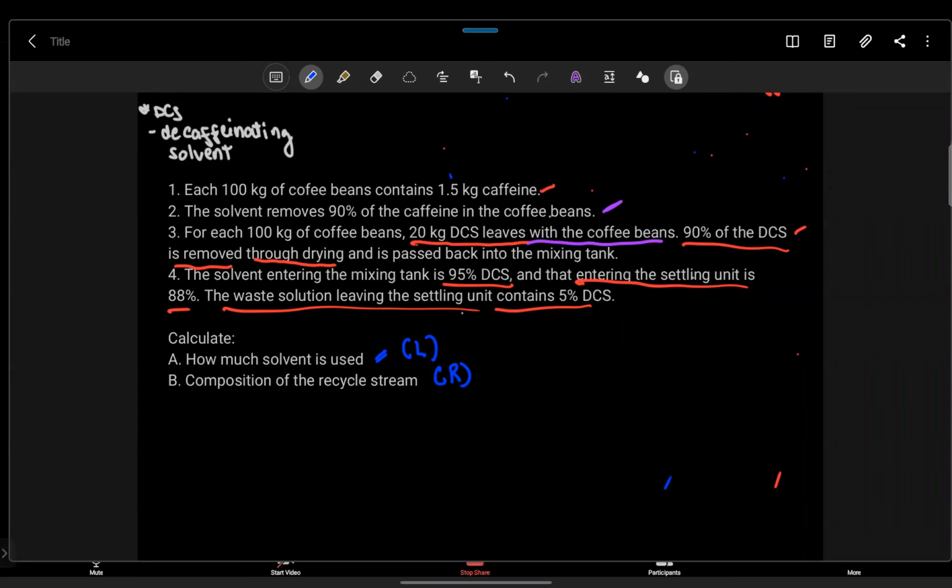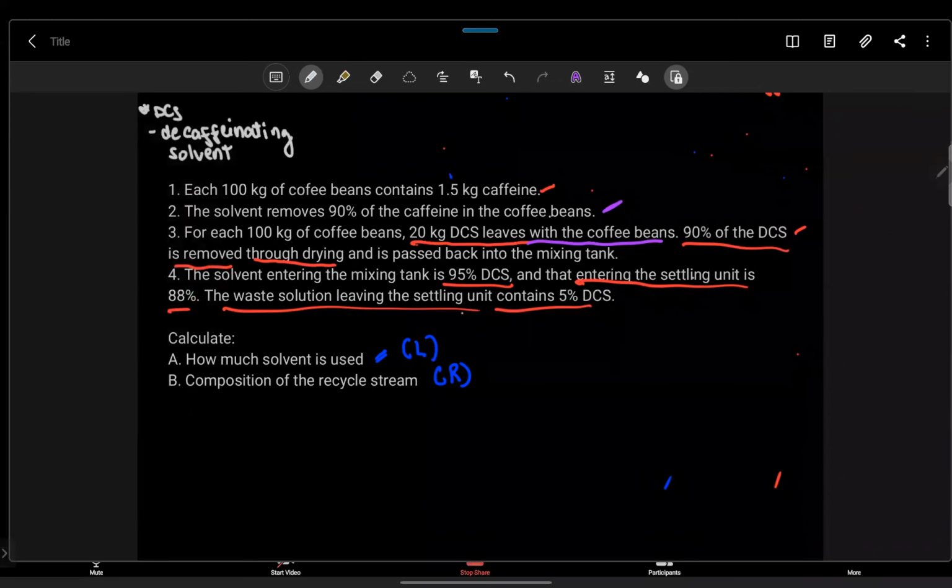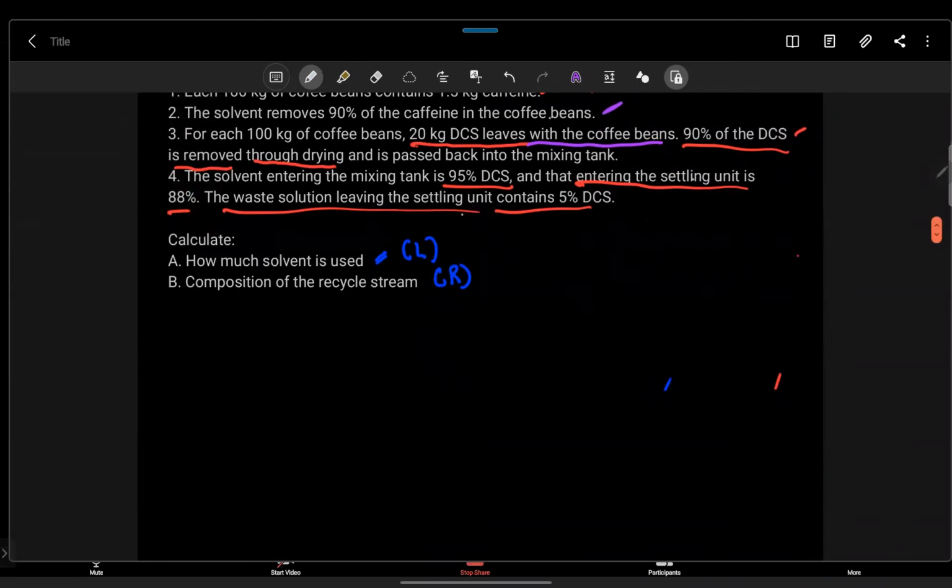Okay, so let's start with the balance. Okay, what will be a good basis for this particular process? So I will make a basis since given naman na meron kang 100 kilogram na coffee beans with the caffeine, of course, intact. So 100 kilogram coffee beans.